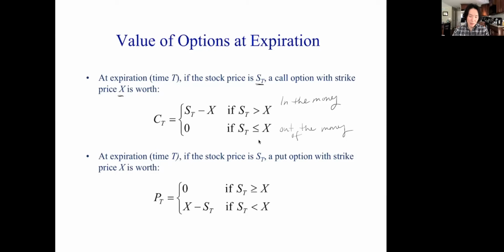A put option gives you the right to sell something at a given price. So if the stock price is lower, it is actually good. Suppose the stock price is lower than the strike price, then the payoff to you is basically strike minus S. And if the stock price is higher than the strike price, then the put option payoff is zero.